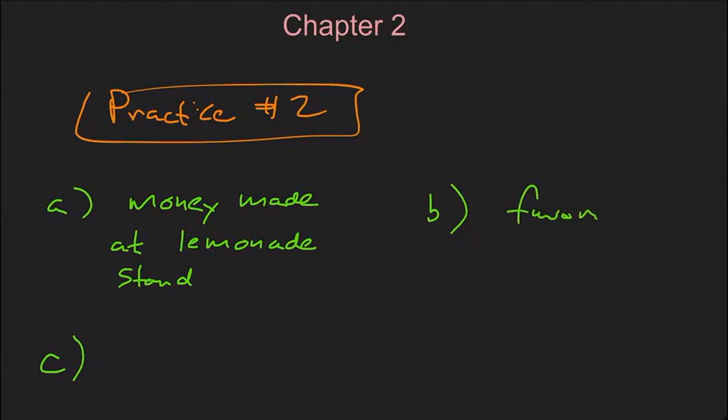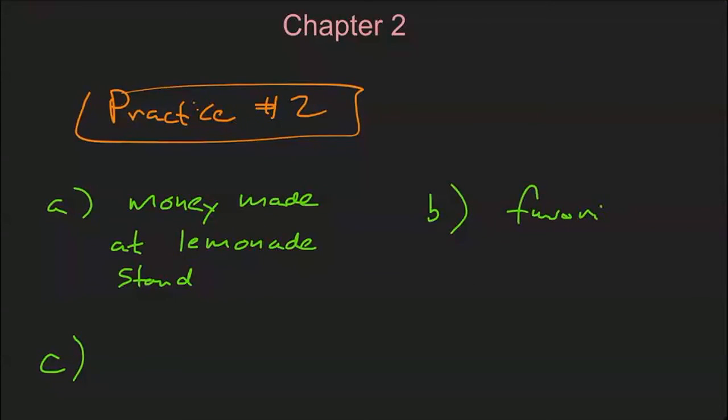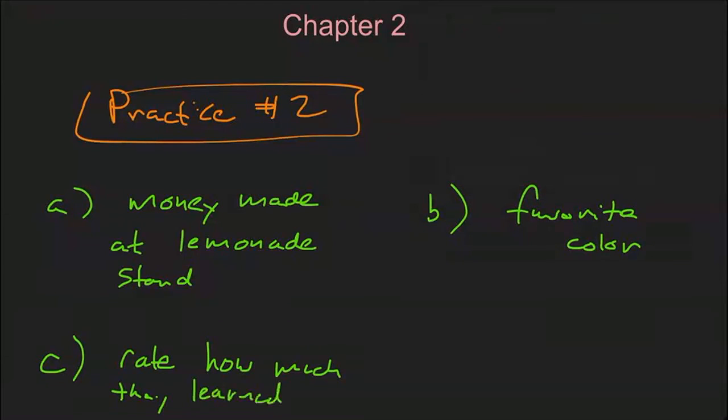Then we'll say we surveyed our relatives on their favorite color. Is that categorical or quantitative? And then lastly, say that a teacher at the end of the quarter asks students to rate how much they learned on a scale from 1 to 5.